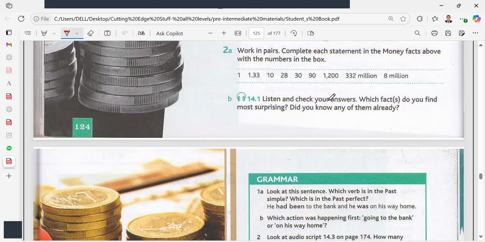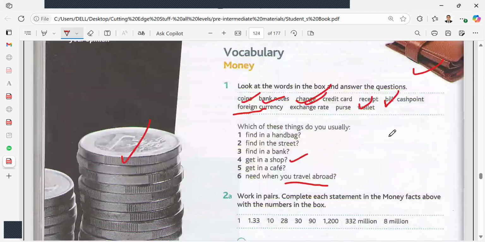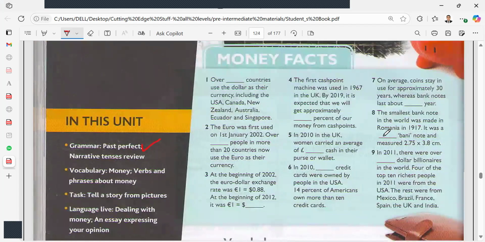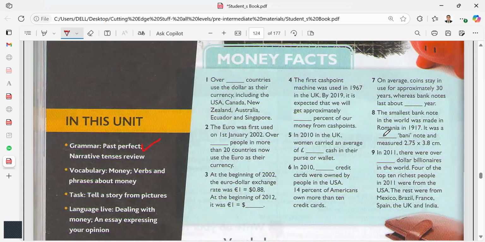Unit 14, Recording 1. Listening? 1. Yes. Okay. Over 30 countries use the dollar as their currency, including the USA, Canada, New Zealand, Australia, Ecuador, and Singapore. 2. The euro was first used on the 1st of January 2002.